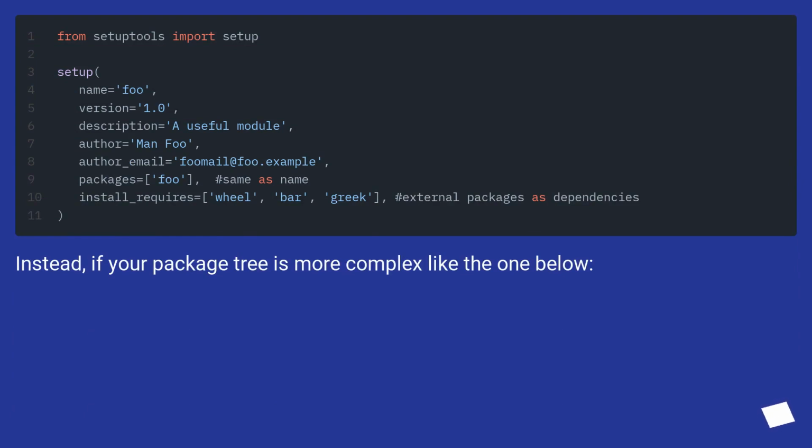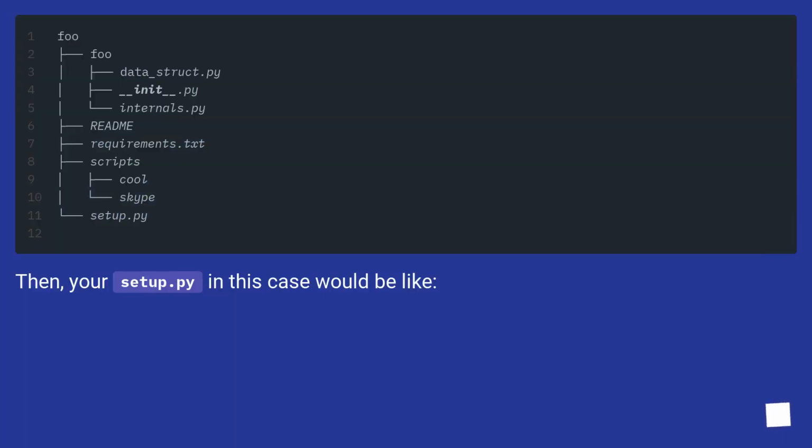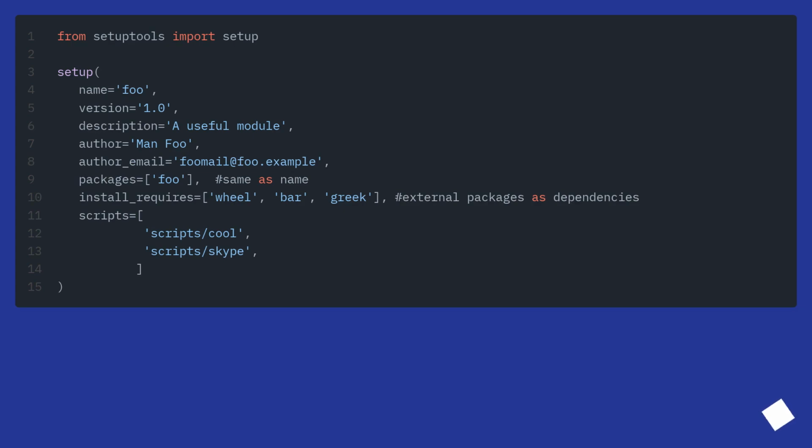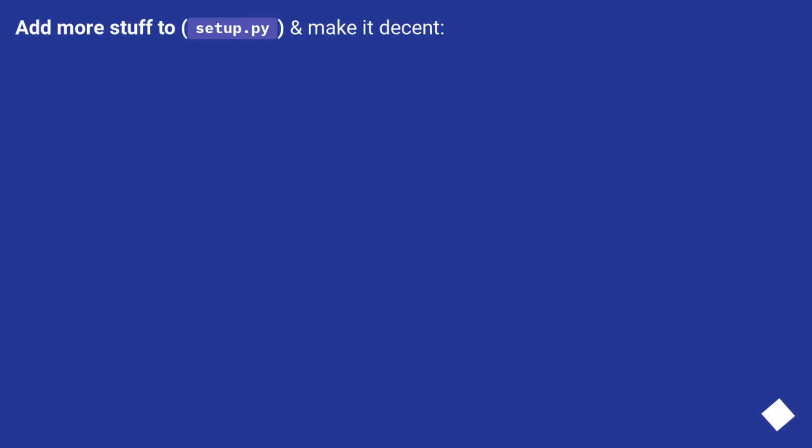Instead, if your package tree is more complex like the one below, then your setup.py in this case would be like this. Then add more stuff to setup.py and make it decent.